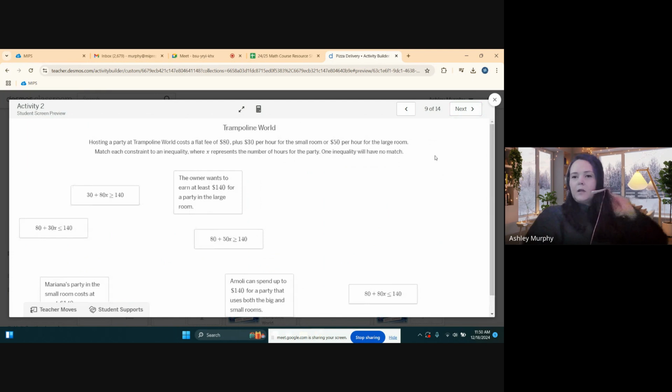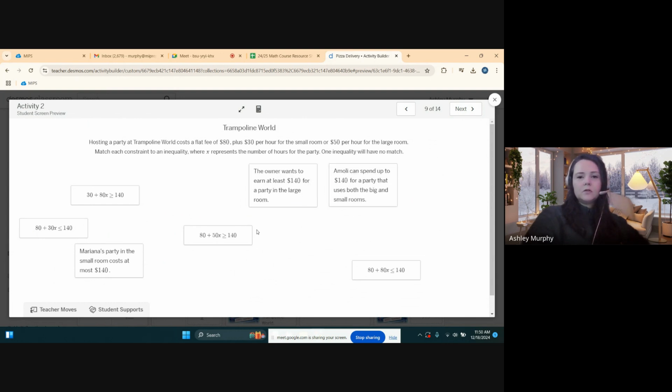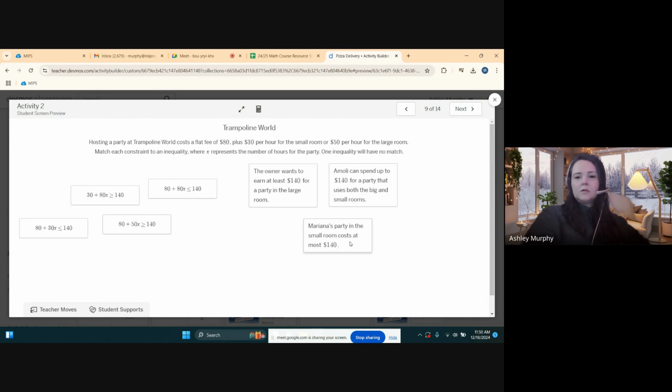Okay. And I don't know if we're going to have time to get to all of this, but we can wrap up on this page and kind of be done. So let's take a look here. We have some examples and then some solutions to choose from. So smart cost at most 140. What does it mean at most?